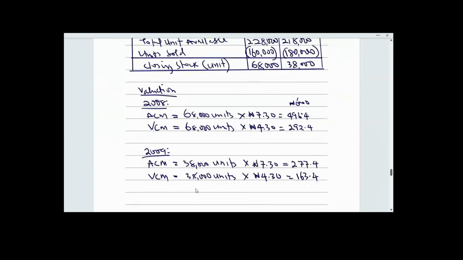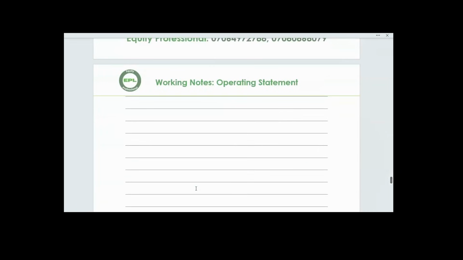Working number 3 now. Overhead absorption. First thing first, you must calculate the budgeted output. Or let me use another approach here. We have 2008, then 2009.